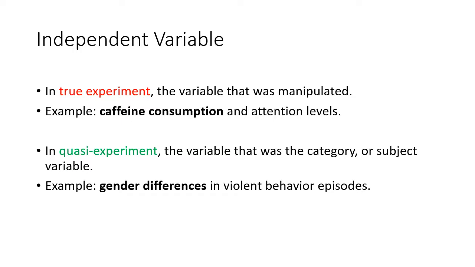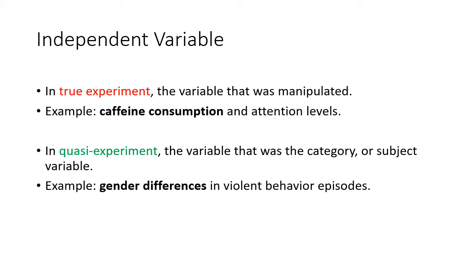Then what must be manipulated in this case would be the amount of caffeine that is consumed. So the caffeine consumption would be the independent variable, and the dependent variable would be however you measure your attention level.